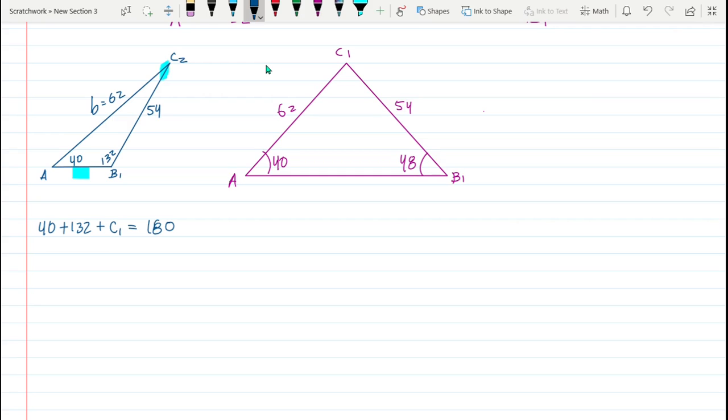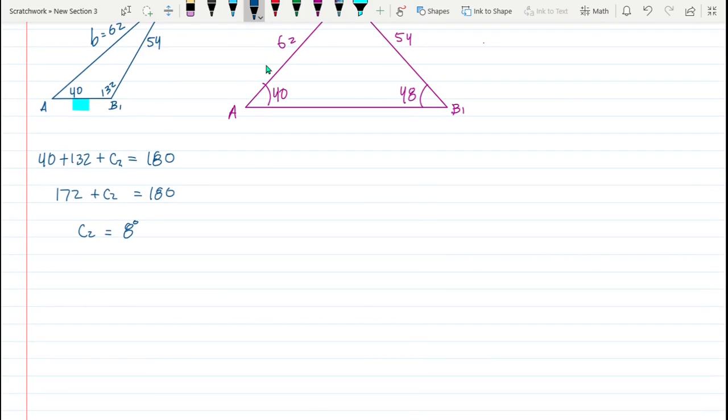So 40 and 132 happens to be 172, plus C1 equals 180. Therefore, C1, whoops, that's C2, sorry. C2 is equal to 8 degrees, right?